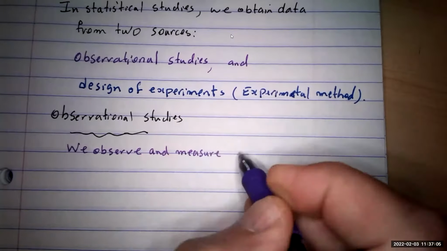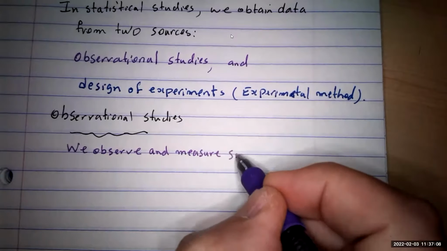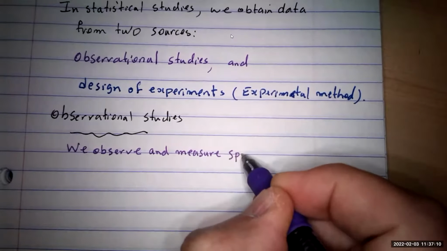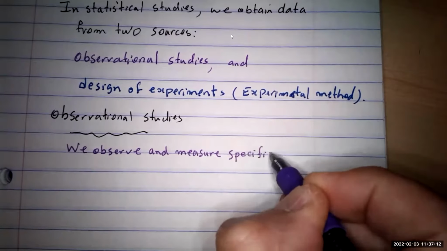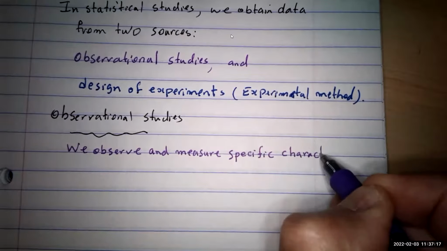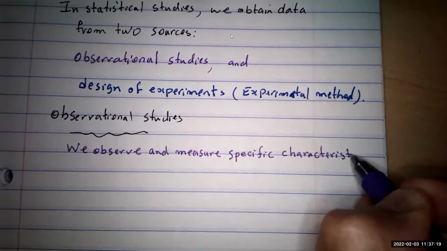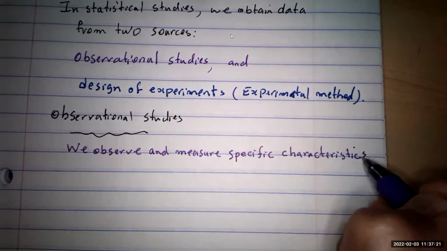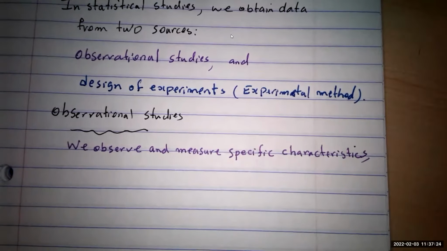We observe and measure a specific characteristic of the population or sample. The specific characteristic depends on what you are looking for, but you're not going to do anything. You just observe and make a note. Maybe you are an observer for an election. You just observe the election, but you're not going to change how people vote.